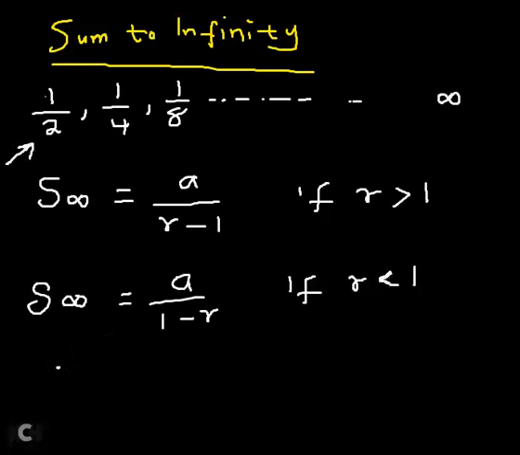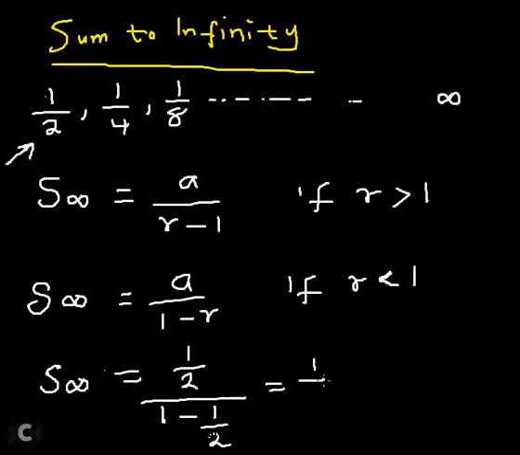So the sum to infinity of this sequence is going to be equal to, the first term is 1 over 2, then divided by 1 minus r. And of course, the common ratio is 1 over 2. We've done that already, okay? So this is going to be 1 over 2, divided by, let's simplify this fraction.